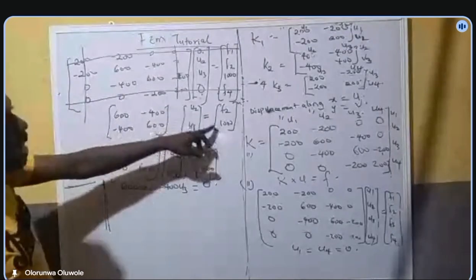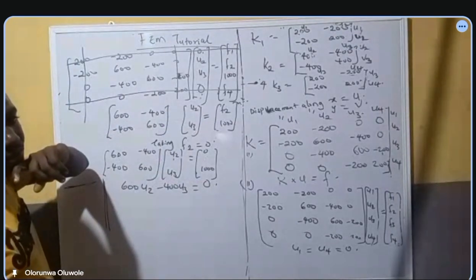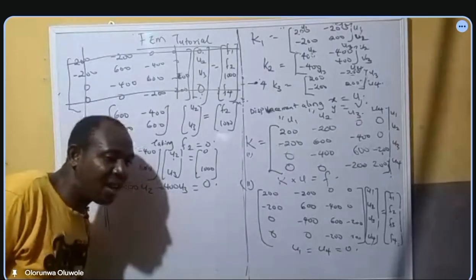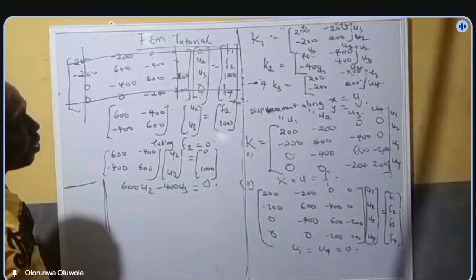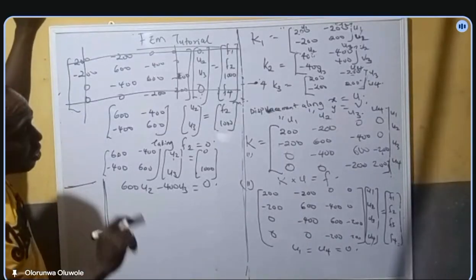We are given F3 to be 1000. You get it? So we are asking for the F2. You take it that there is no force in that spring there, so it equals 0.